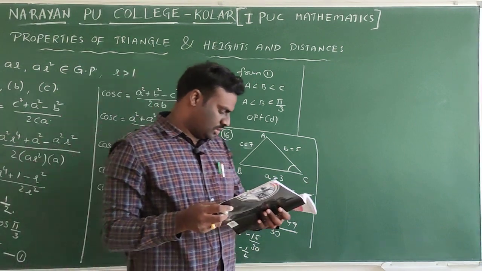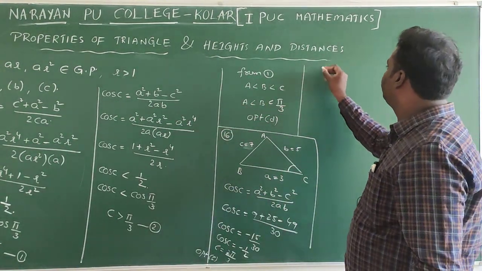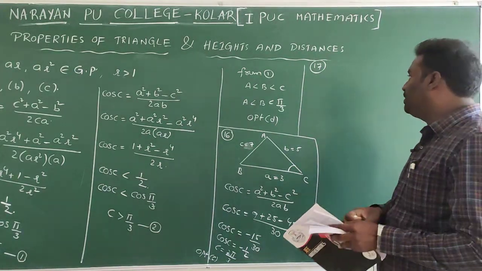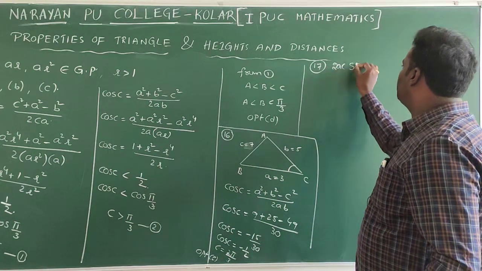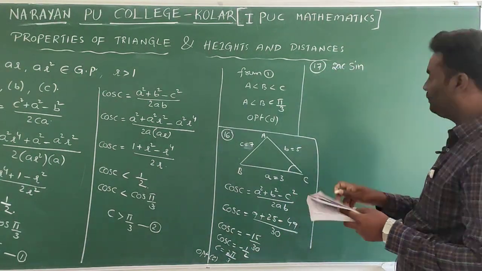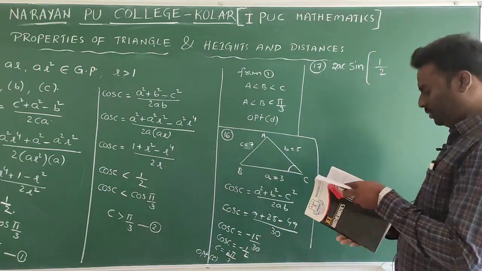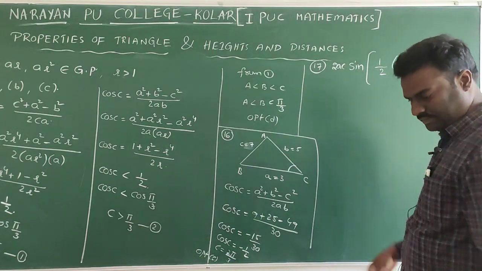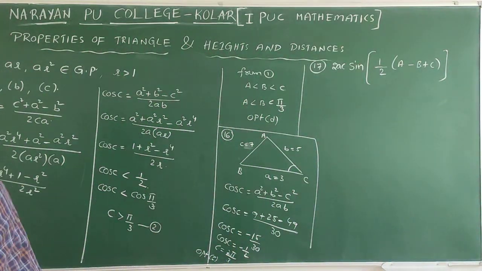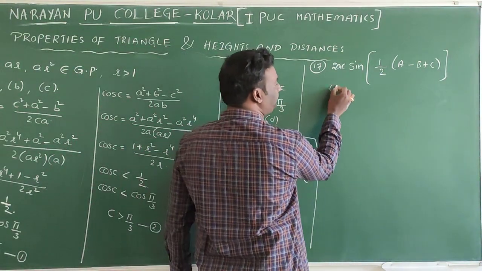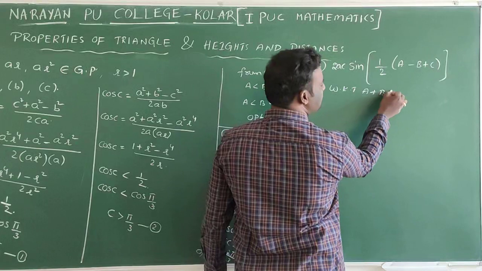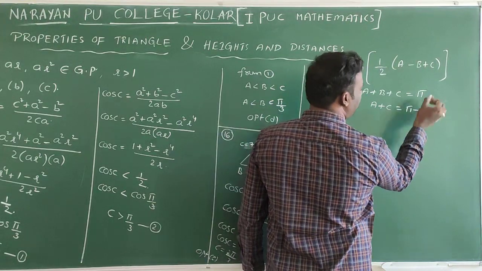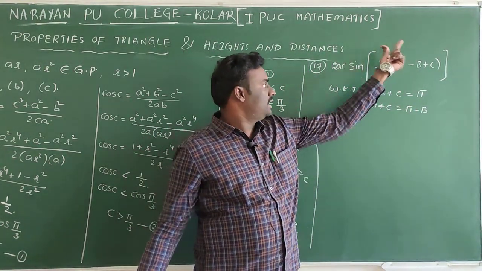Next, we will discuss question number 17. In the 17th question, in a triangle ABC, we need to find 2AC into sine of 1 by 2 into A minus B plus C. Okay, very easy question. So in a triangle, we know the sum of angles is 180. From this I can write A plus C equals pi minus B. Substitute this condition here.